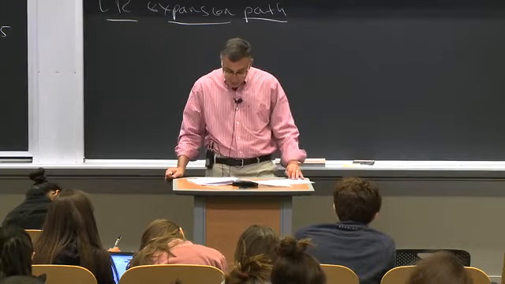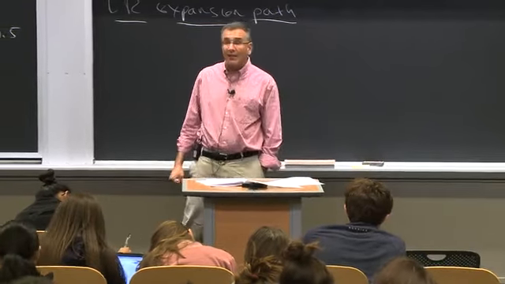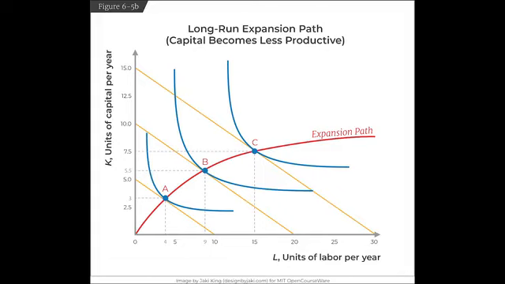Now, the long run expansion path does not have to be linear. So look at figure 6.5b and 6.5c. 6.5b is a long run expansion path for a production function such that capital becomes less productive the more you produce. I don't have the example of the production function, but you can write down production functions which have the feature that the more you produce, the less productive capital becomes.